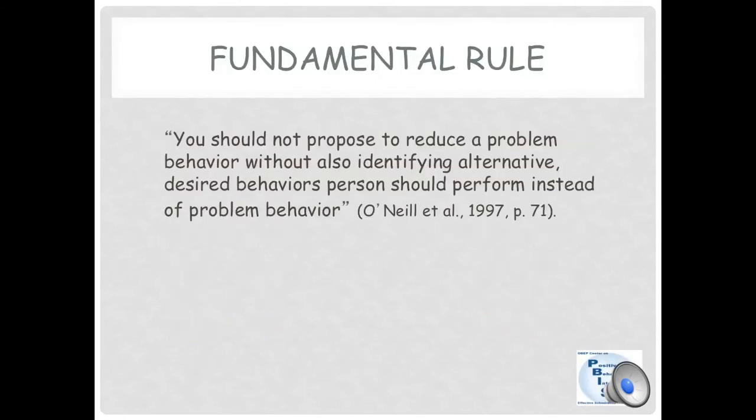And there are some secrets to how to do that. The fundamental rule is that you should not propose to reduce a problem behavior without also identifying the alternative desired behaviors the person should perform instead of the problem behavior.